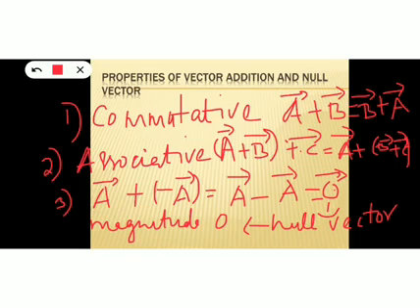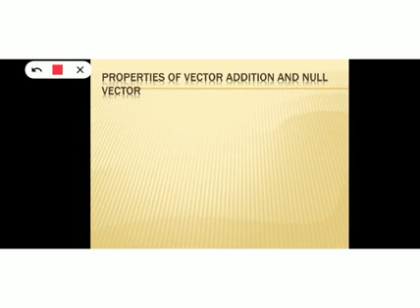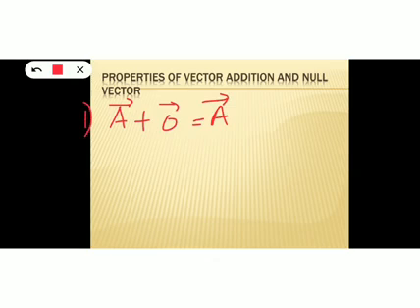And also this null vector has certain properties. So let's discuss the properties of the null vector. If you add a null vector to any vector, you will get the same vector. That is A plus the null vector 0 is equal to A itself. So this is the first property of the null vector.